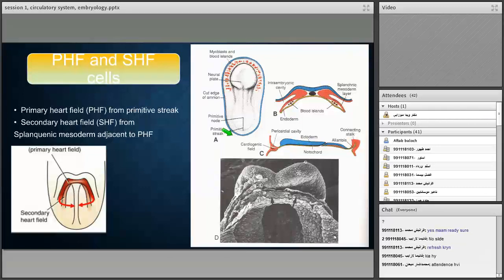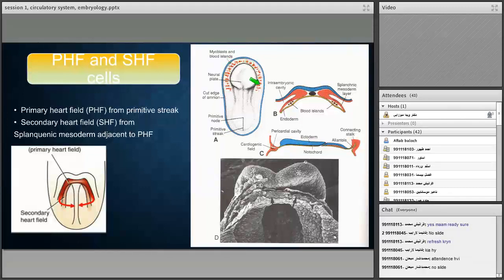At the middle of the 3rd week, the progenitor heart cells, the cells which want to make the heart, are placed on the epiblast adjacent to the primitive streak. Here we can see the epiblast of the embryo, and this is the primitive streak.